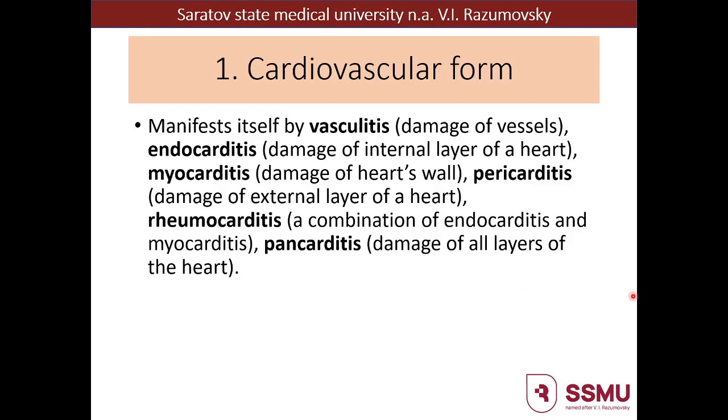Vasculitis is associated with damage of vessels, endocarditis with damage of the internal layer of the heart, myocarditis with damage of the myocardium muscle cells, and pericarditis with damage of the external layer of the heart. And rheumacarditis is a combination of endocarditis and myocarditis. Also, in some difficult cases, we may see pancarditis. It's damage of all layers of the heart.